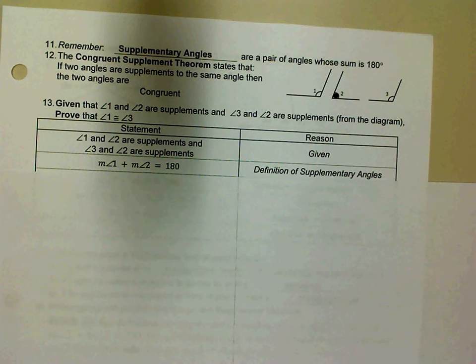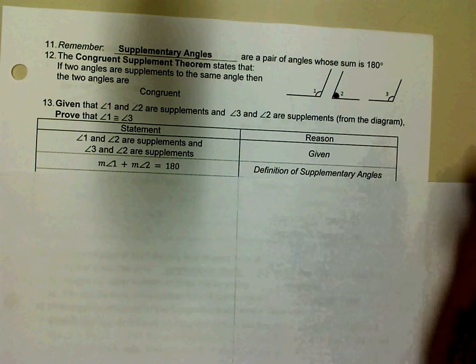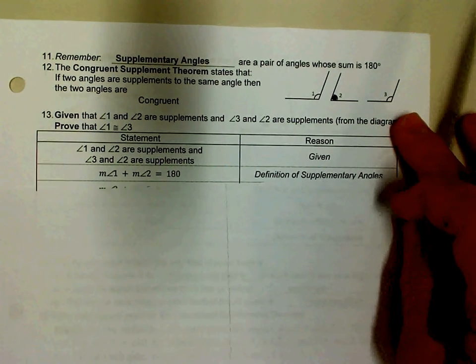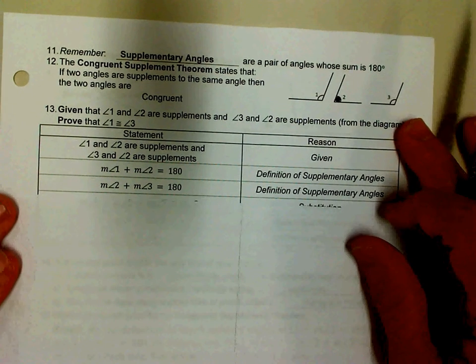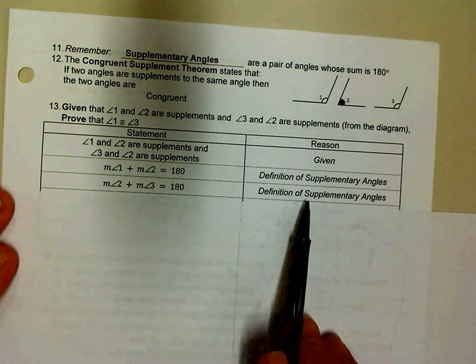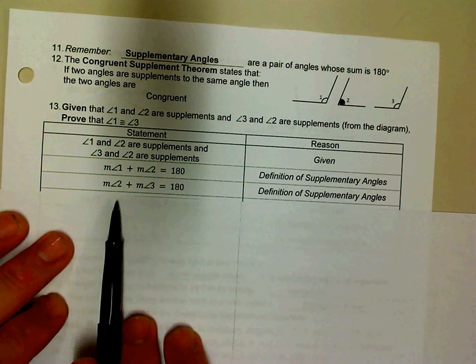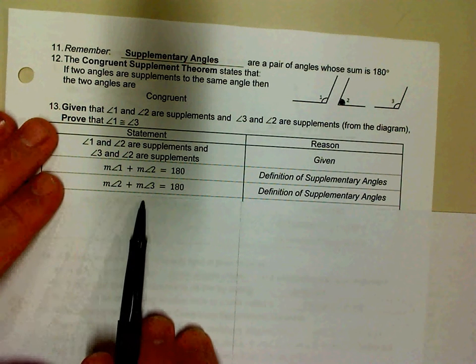Also, you'll notice in our given, we know that angle 2 and angle 3 are supplements. So by the same reason, we can write another equation that says the measure of angle 3 plus the measure of angle 2 equals 180 degrees.